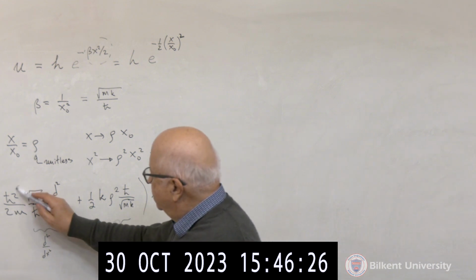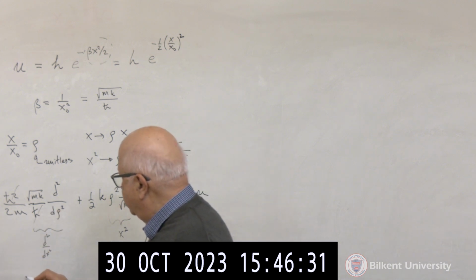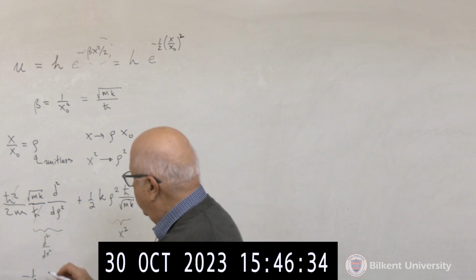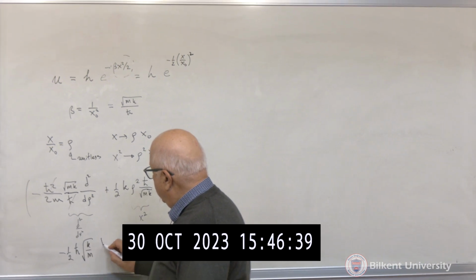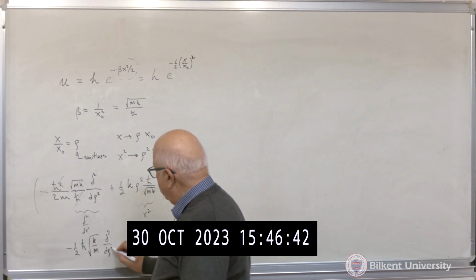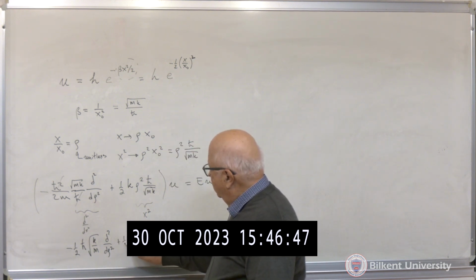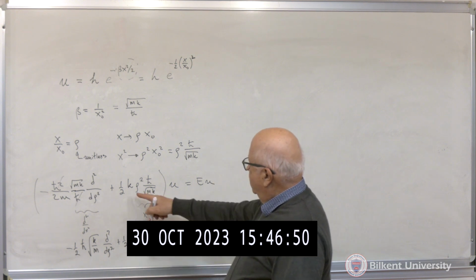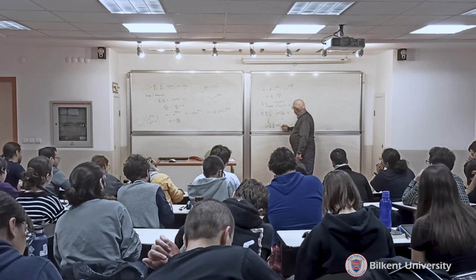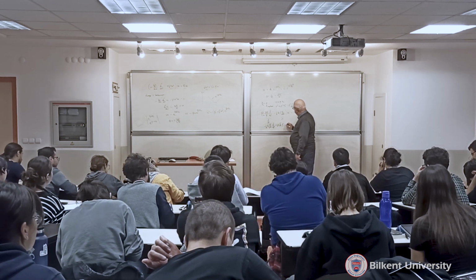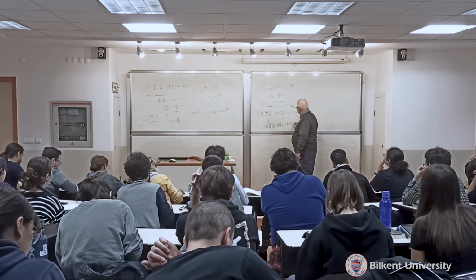You see one of the h bars goes away, and I end up with minus 1/2 h bar square root of k over m d squared d rho squared plus 1 over 2 h bar square root of k over m rho squared, u equals E u.